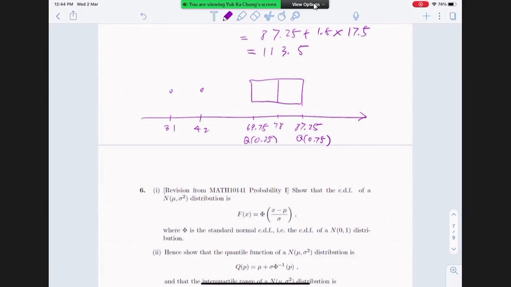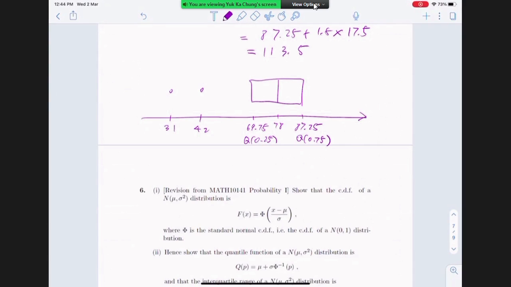Okay. And besides the box, it is called the box whisker plot, right? So we need to also extend two whiskers to the minimum and maximum, but not the minimum and maximum in the 5-number summary, because this is already the minimum. So we exclude those outliers, and we draw the whisker extended to the minimum and maximum, excluding the outliers.